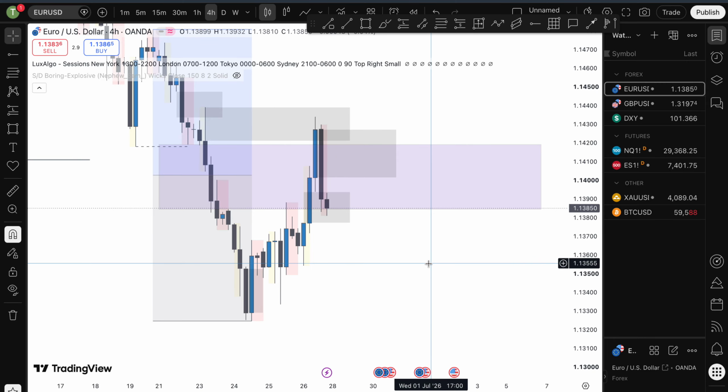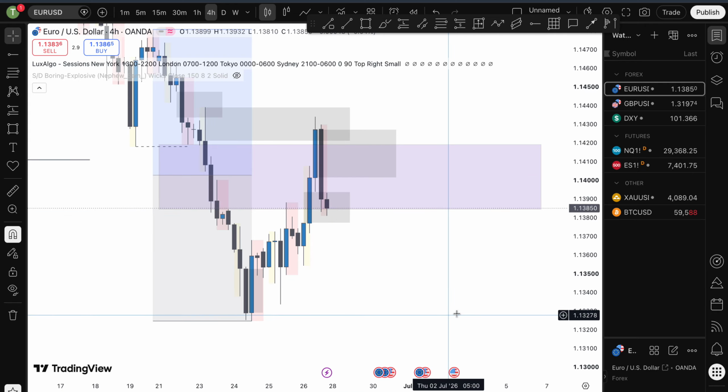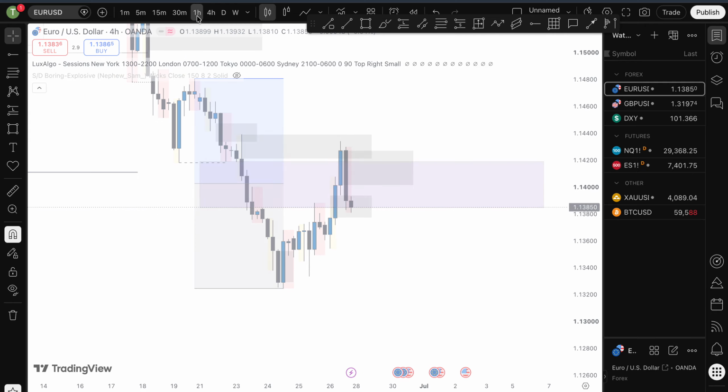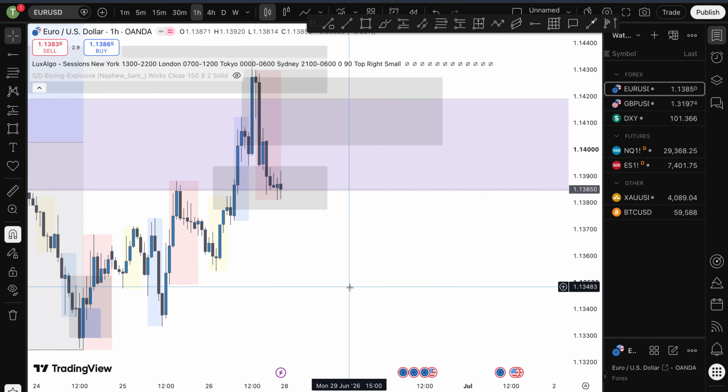But what you need to keep in mind is you should expect a reaction and not maybe just a continuation instantly. Anything could happen. We always want to react to what we are seeing, and what we are seeing right now is that we are expecting a reaction first before a continuation. So EURUSD is still heavily bearish, even on the 1-hour chart.